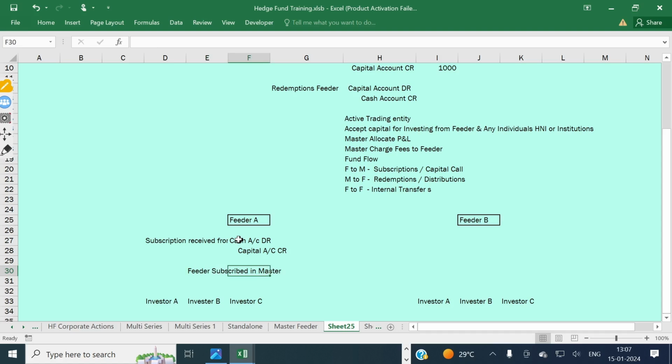And in this case, accounting entry would be investment in master account or affiliate account debit, to cash account.